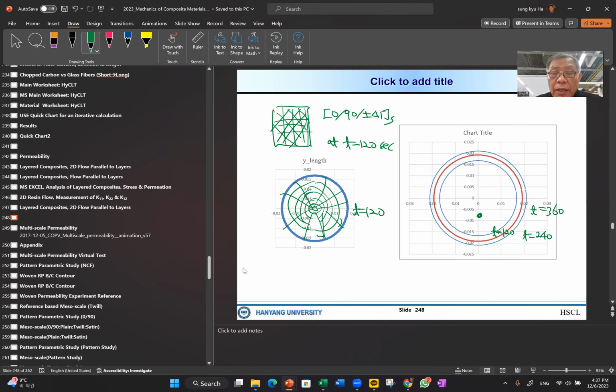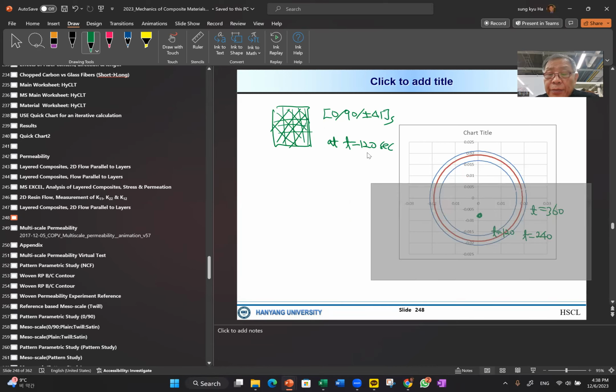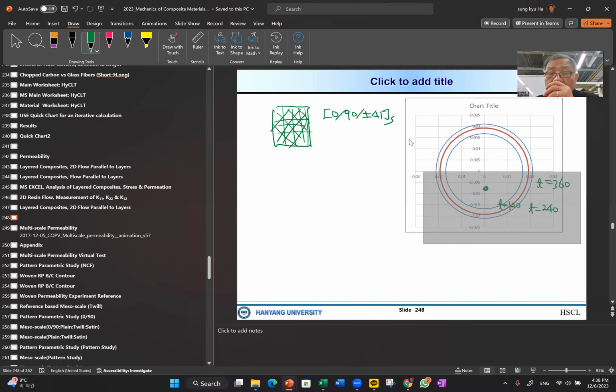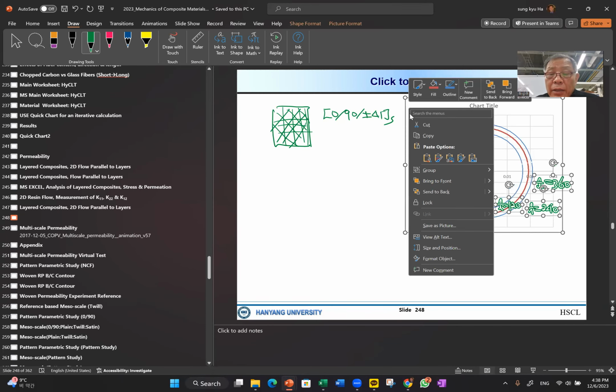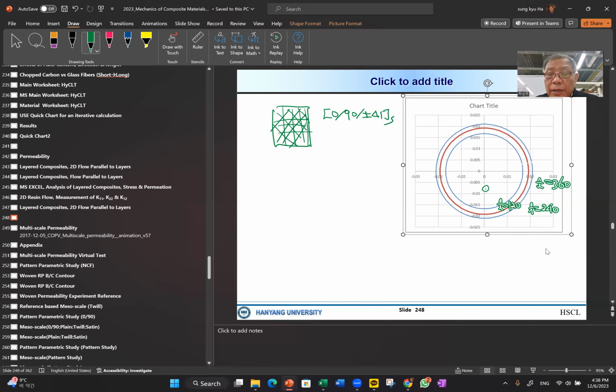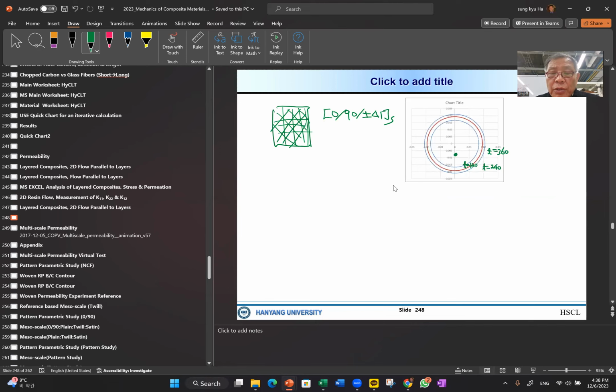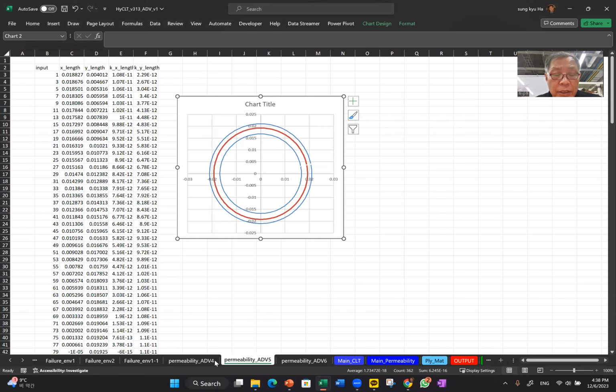Okay, so let's say we don't need this. I'm going to delete this one, and now let's imagine what will happen if we have a biaxial laminate. What will the flow line be? That will be an interesting result. Let's take a look.